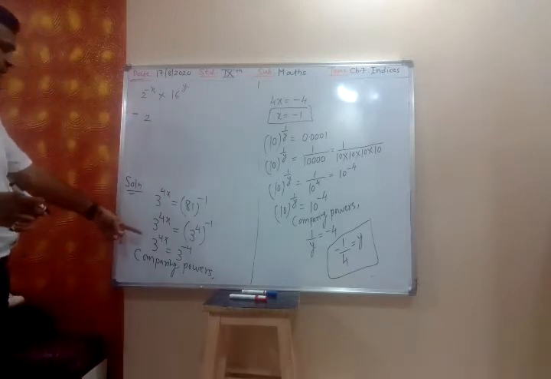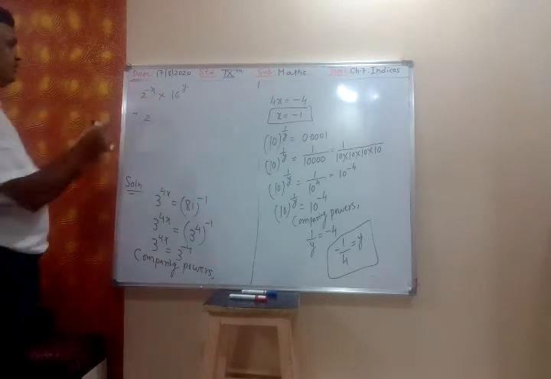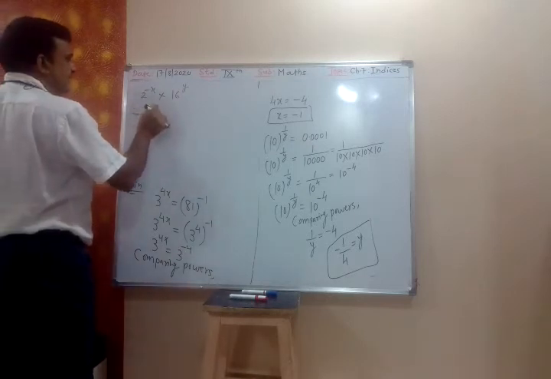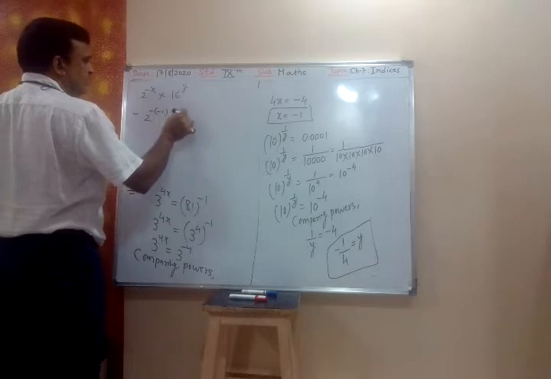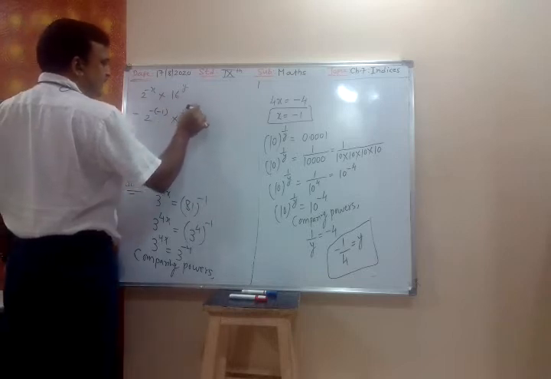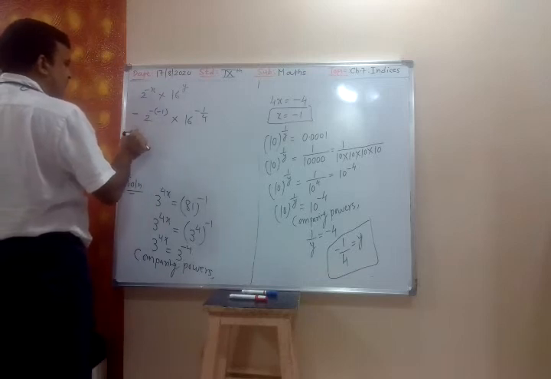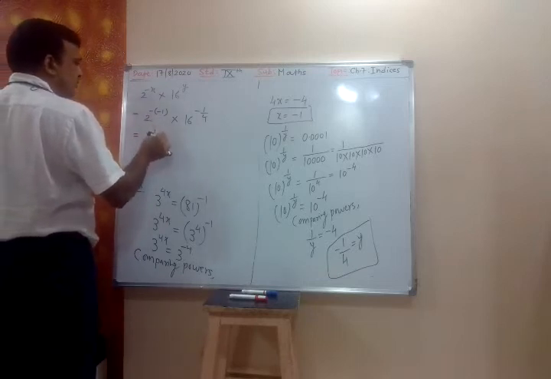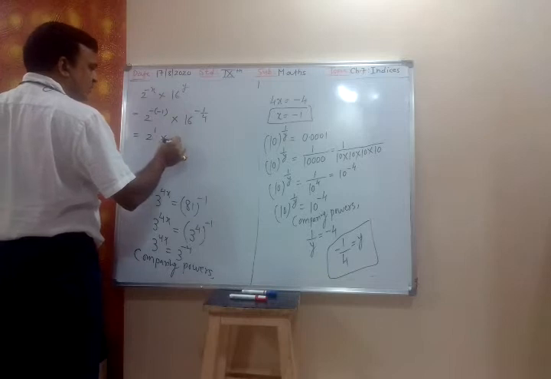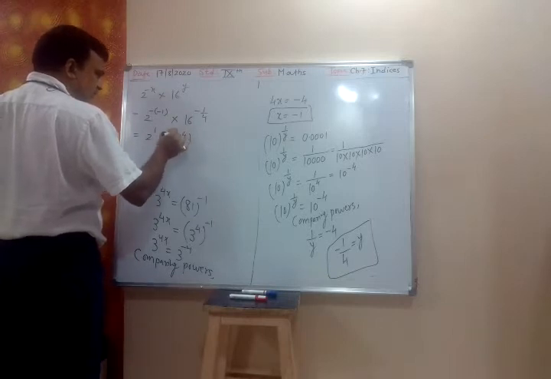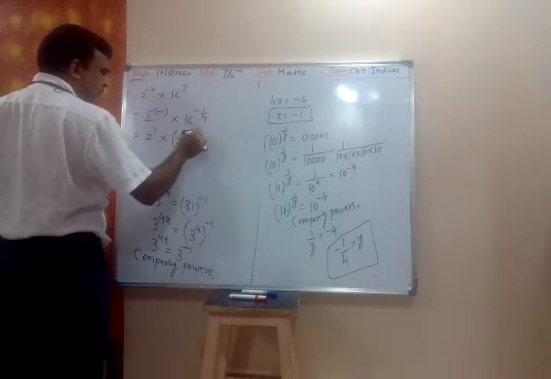X is minus 1, so that becomes minus of minus 1 into 16 raised to y. Y is minus 1 by 4. So minus minus becomes plus. So 2 raised to 1 into this 16, I can write 2 raised to 4, raised to minus 1 by 4.